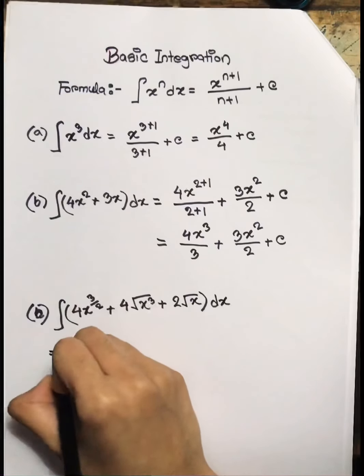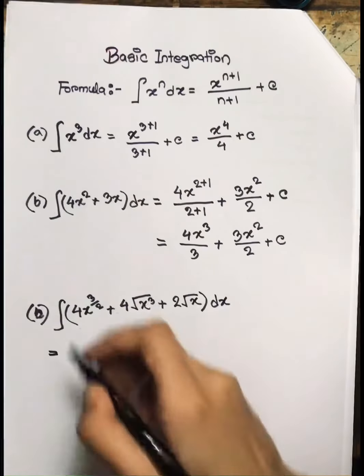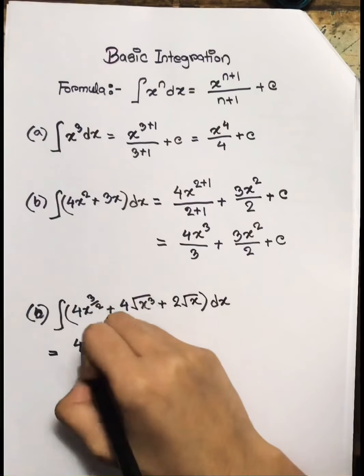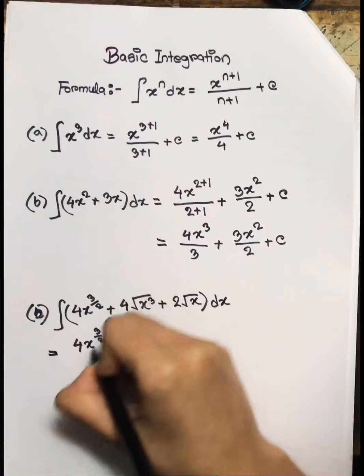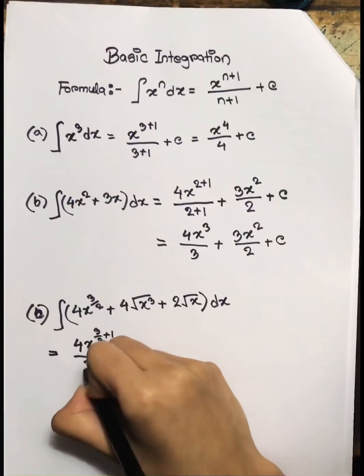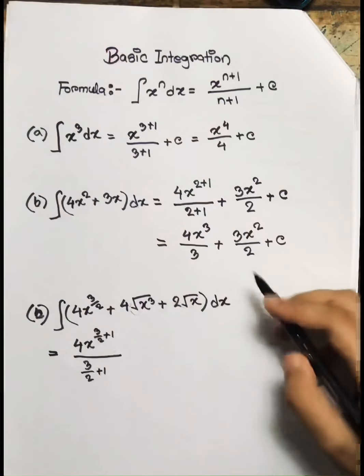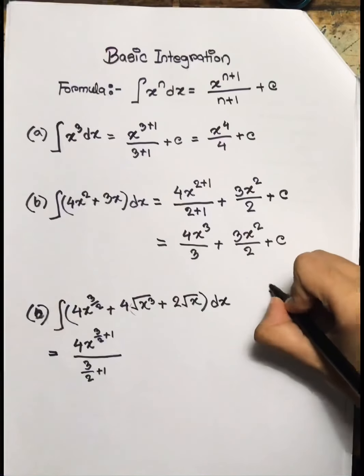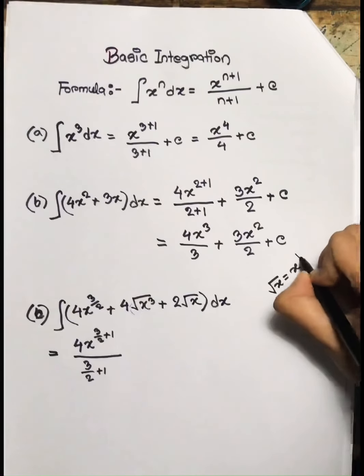If I do the maths, at first the value of n is 3 by 2, so 4x to the power 3 by 2 plus 1 divided by 3 by 2 plus 1. And now if I simplify it, we know root over x is equal to x to the power half.